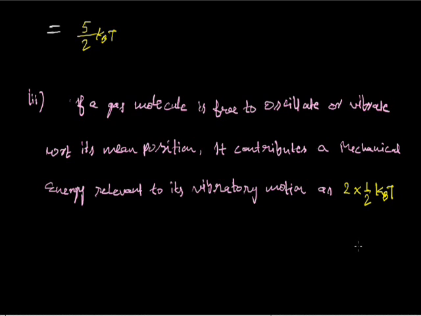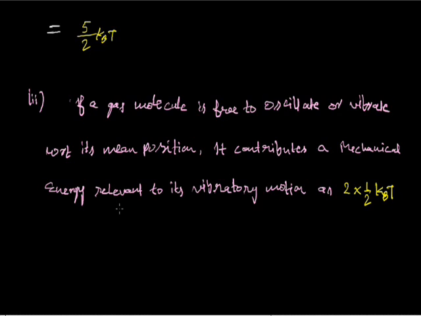So the same gas molecule which has a translational degree of freedom and a rotational degree of freedom can also have a vibrational or oscillatory degree of freedom. And according to the oscillatory or vibratory degree of freedom, it can contribute 2 multiplied by half kBT of energy.